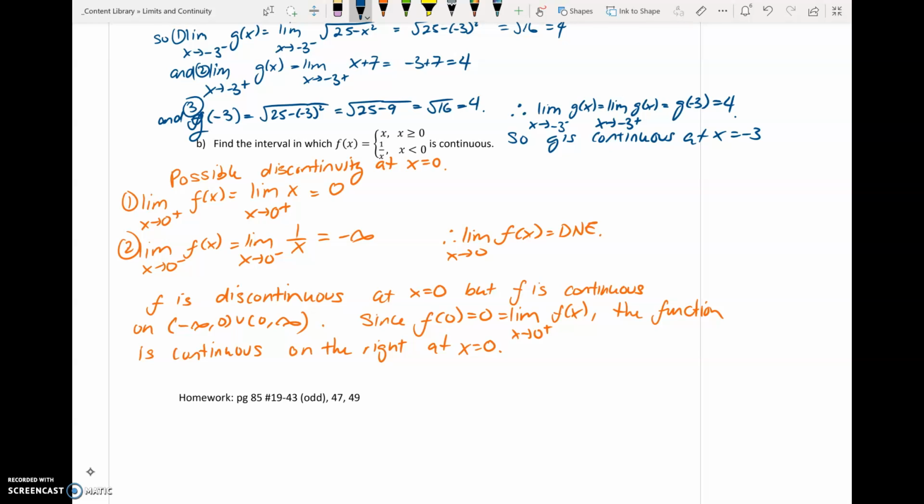So since our left-hand limit and right-hand limit are not the same, our overall limit does not exist. So therefore, f is discontinuous at x equals 0. But if we want to actually find where it's continuous, it's going to be continuous everywhere except when x is 0. So it'll be continuous from negative infinity to 0 and then 0 to infinity.